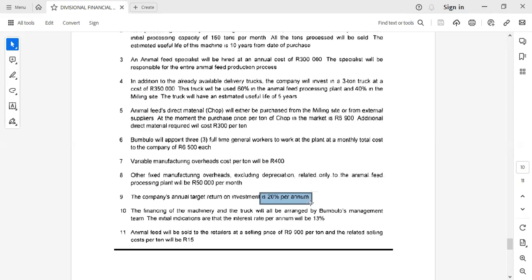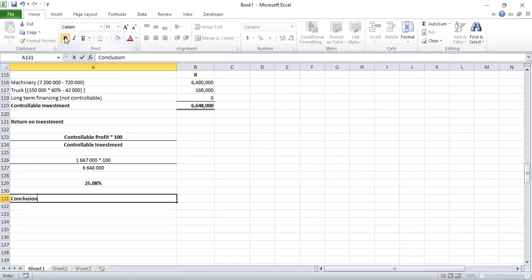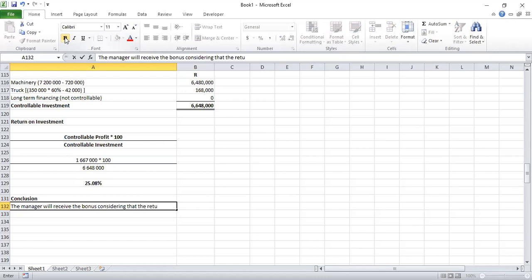So the target has been met, which means the manager will receive the bonus, considering that the return on investment of 25.08% is more than the target of 20%.